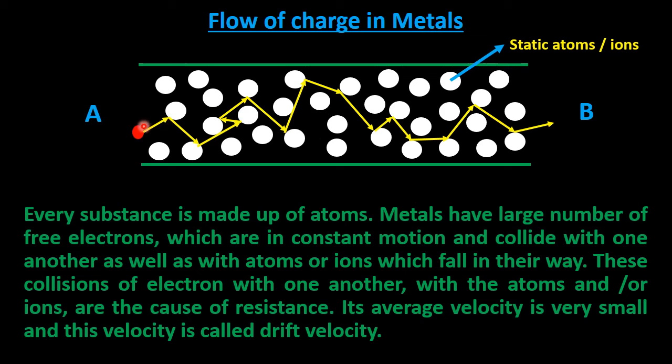And if we consider a free electron, here there is only one free electron represented by red color, and as this free electron moves from point A to B, it has to undergo a number of collisions with other static atoms or ions, and due to this collision, the velocity of this free electron will be very small.